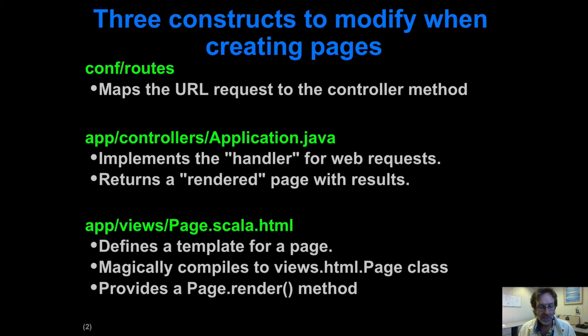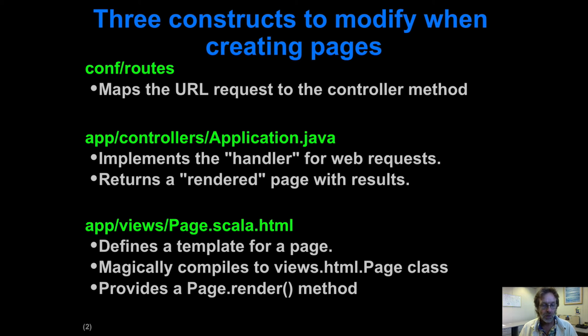So what happens is you're going to write this thing that looks like a template for displaying a page, but underneath the covers, it's going to be compiled into a class that's a Java class, which can be referenced in your controller. And this Java class is going to have, in particular, a method called render.